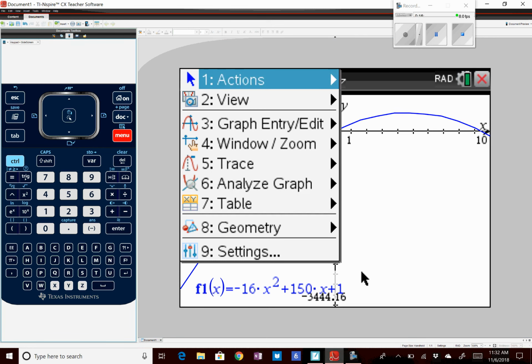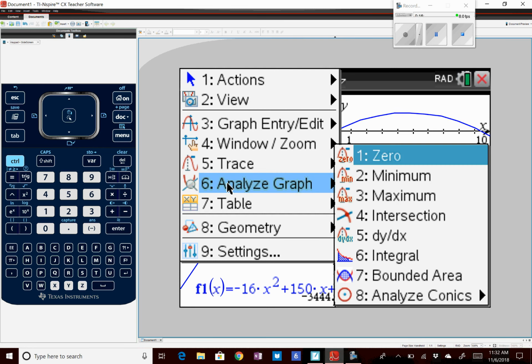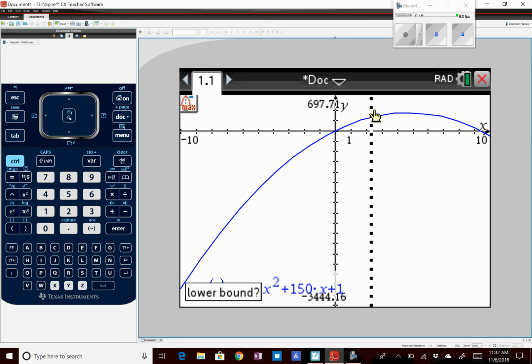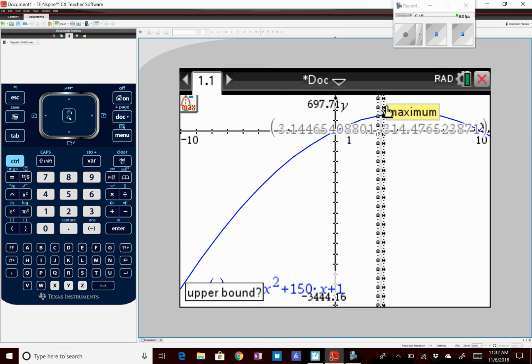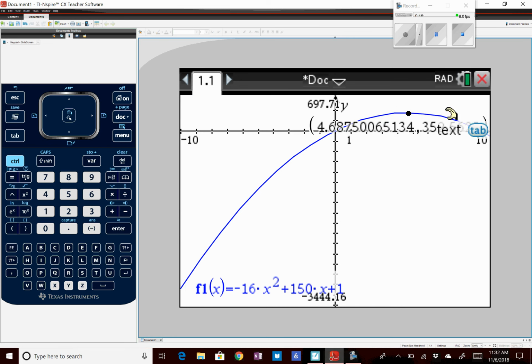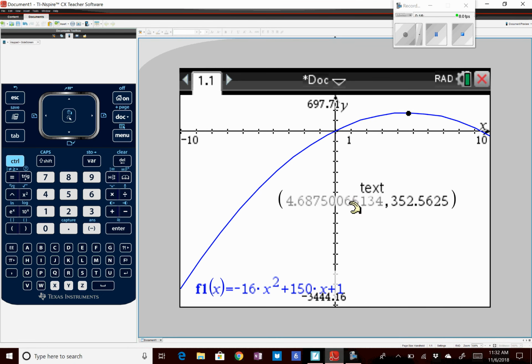So menu, analyze graph. It is a maximum. So a lower bound to the left of the vertex, upper bound to the right. And what does it tell us? So the maximum height is going to be the y coordinate, so at about 353 feet.